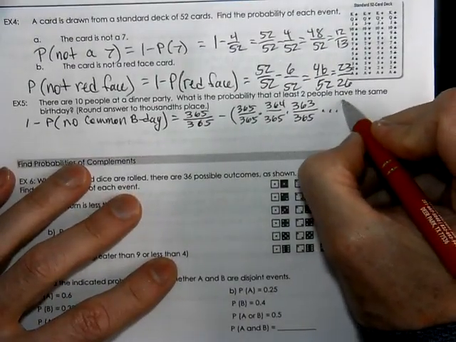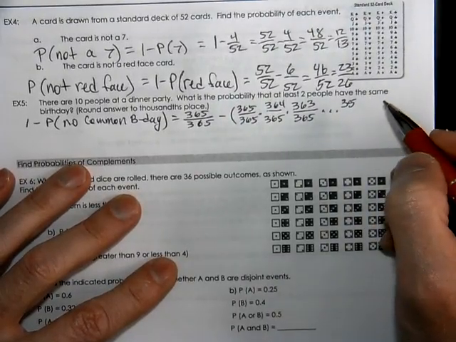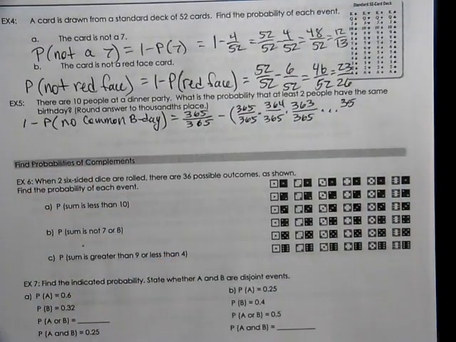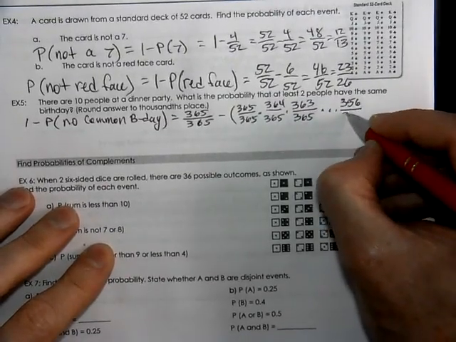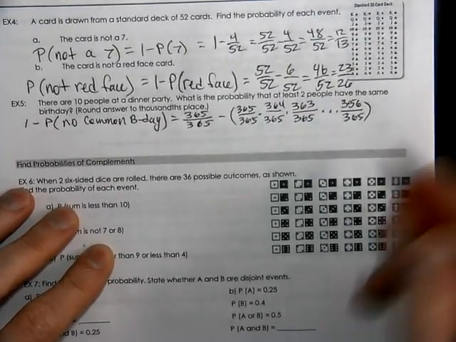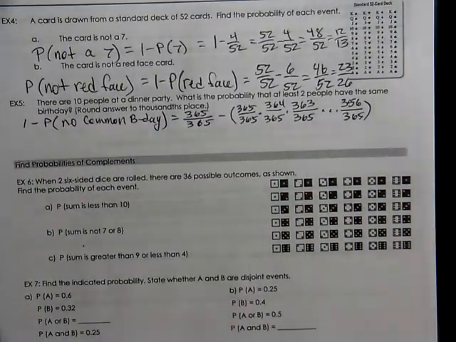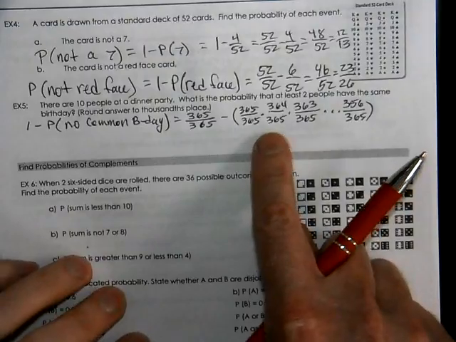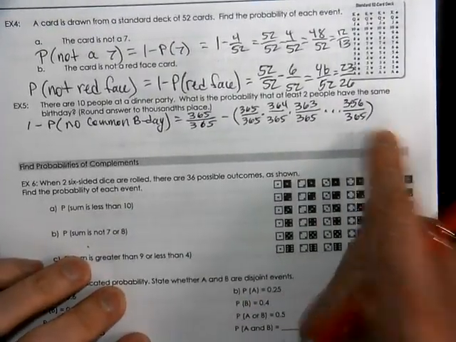I believe it is 356. Goes down to 356 over 365. So we could do it in that format, but that's a lot of buttons to push. 10 different values have to be in there.